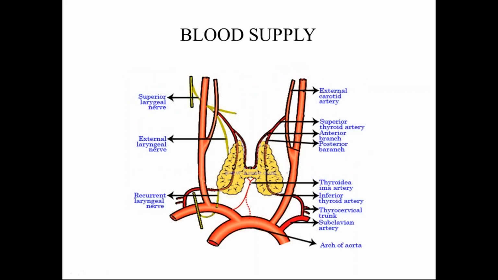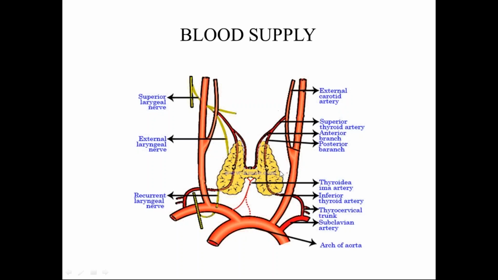Now we'll talk about blood supply of thyroid gland. Thyroid gland is supplied by three arteries. Number 1, superior thyroid artery. Number 2, inferior thyroid artery, and number 3, thyroidea ima artery. Just now I discussed near the lower border of the isthmus, you are seeing one artery, the thyroidea ima artery, also known as arteria thyroidea.